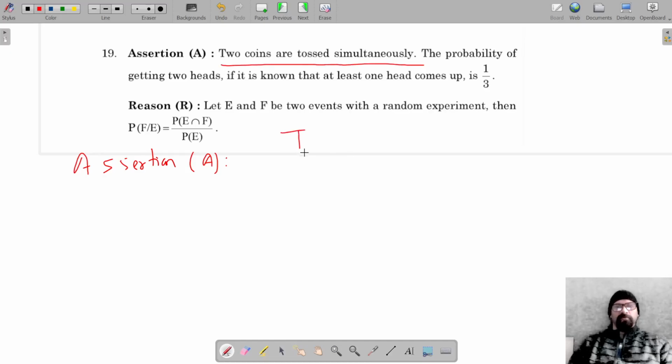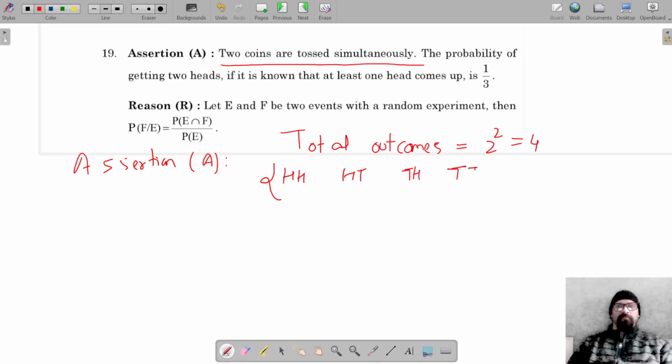If 2 coins are tossed simultaneously, total outcomes are 2 raised to the power 2, which is equal to 4. Let me list the total outcomes. That would be HH, HT, TH, TT. Okay, these are the four outcomes.